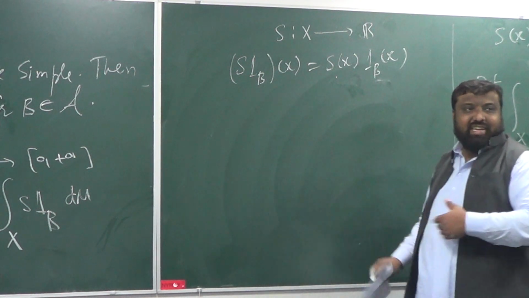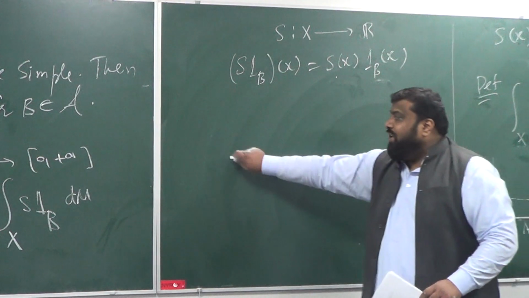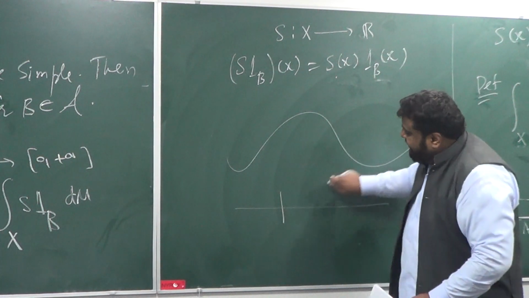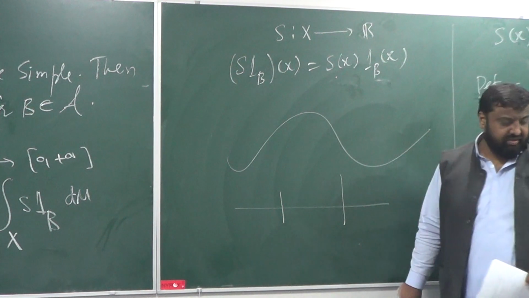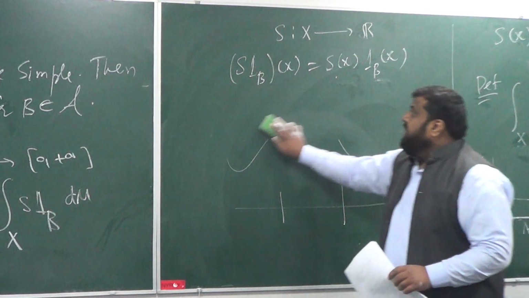When you multiply the indicator function with some function, you don't want to see the function on the whole space, but on a particular set. So you have to keep this in hand.